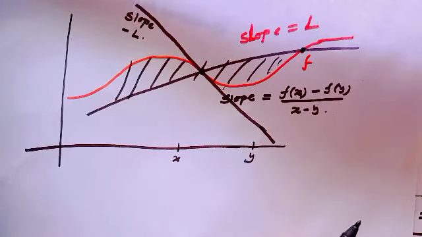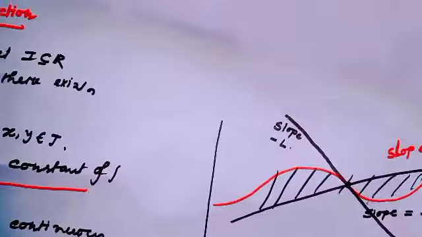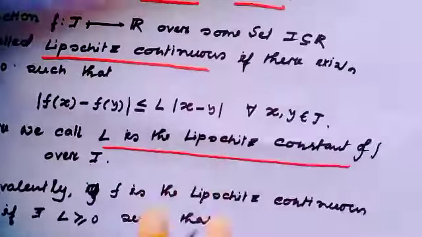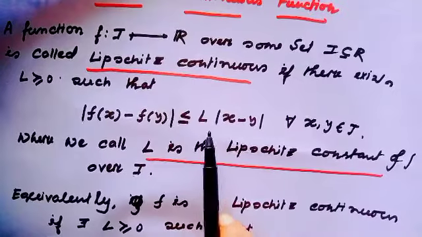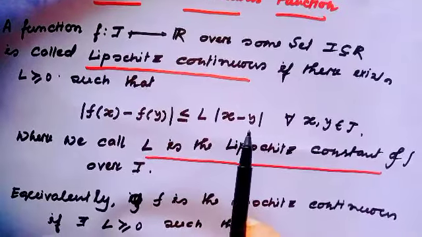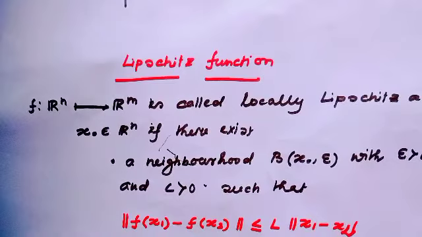Are you getting the geometrical meaning of this inequality? The absolute value of f(x) minus f(y) is less than or equal to L times the absolute value of x minus y. Okay. I have actually defined this before only for R.